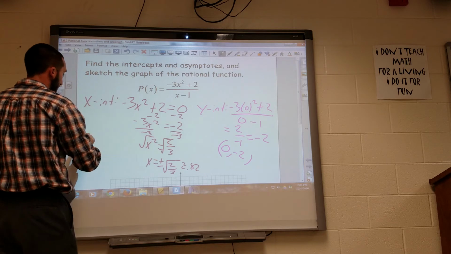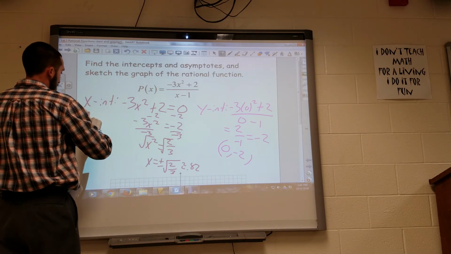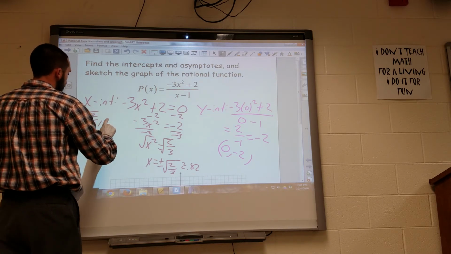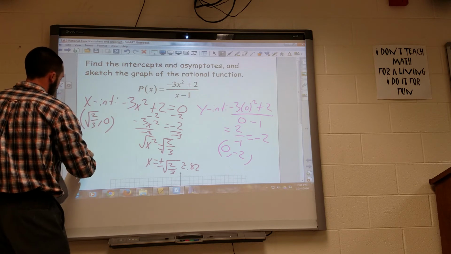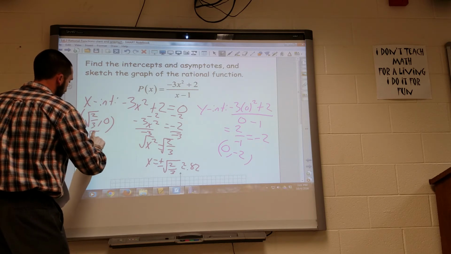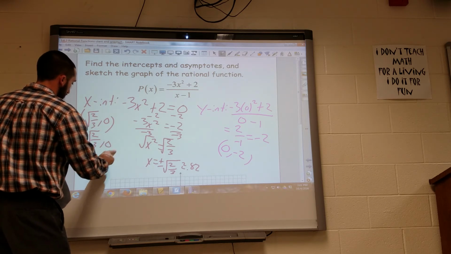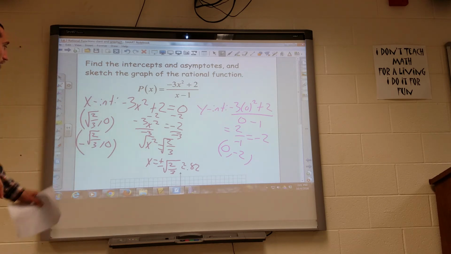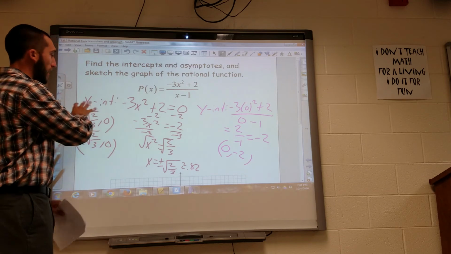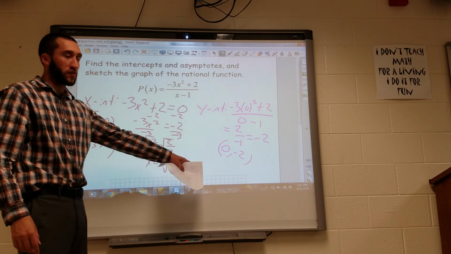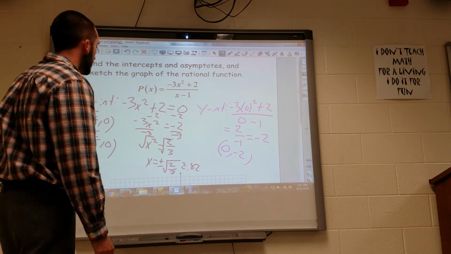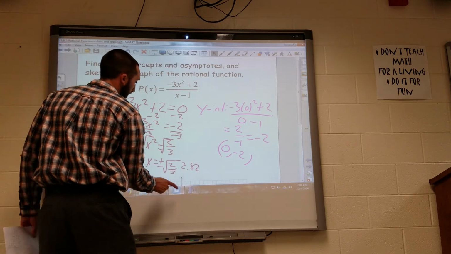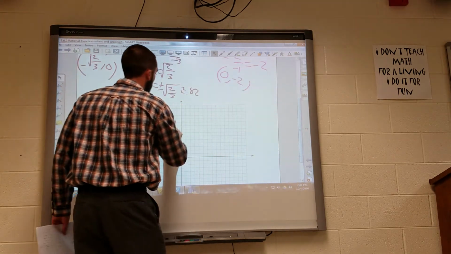That would give me the points radical 2/3, 0, and negative radical 2/3, 0. Okay, so those are my x-intercepts. Y-intercept. Do not let the radicals confuse you. They're just a number. It's just a decimal, 0.82. Okay, then let's go through and find my asymptotes.